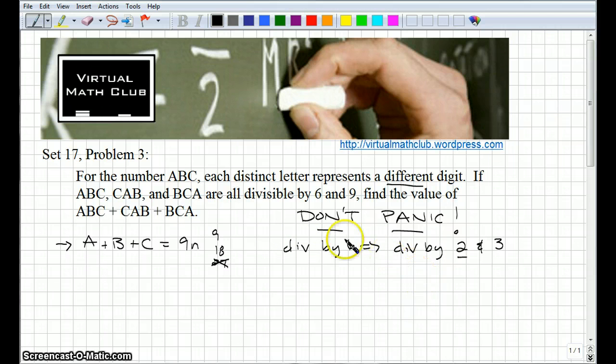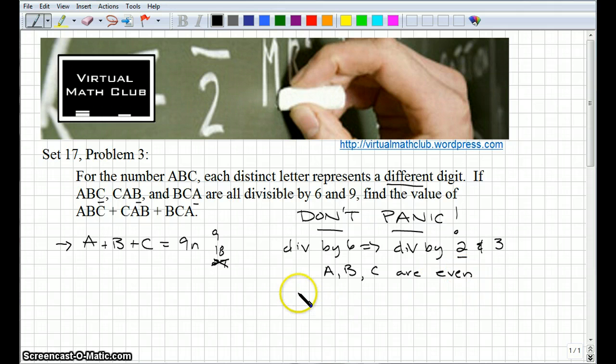So that means that C is even, B is even, and A is even, because we have the same 3 digits in each number, and the last digit has to be even in order for it to be divisible by 2. So we know that A, B, and C are even.